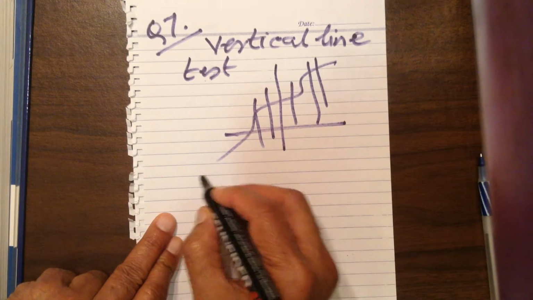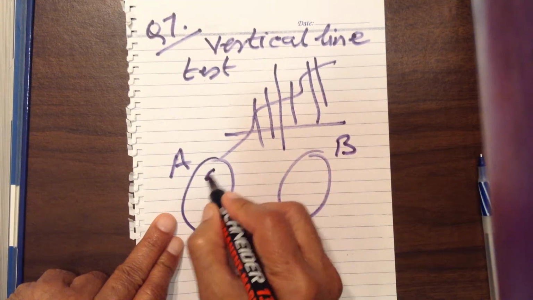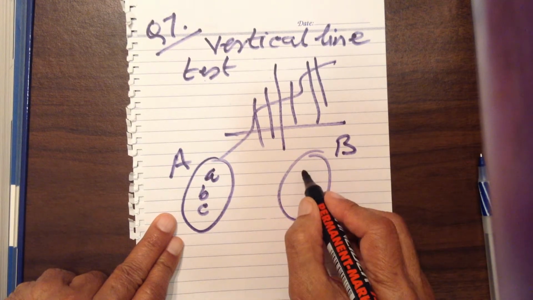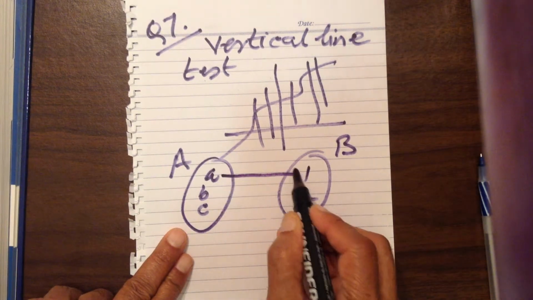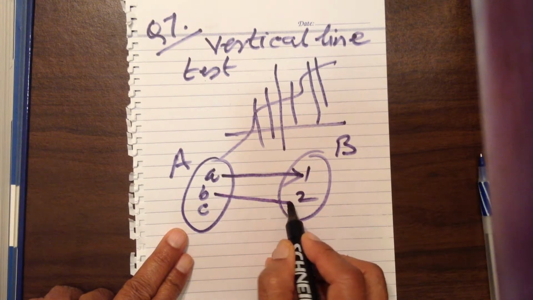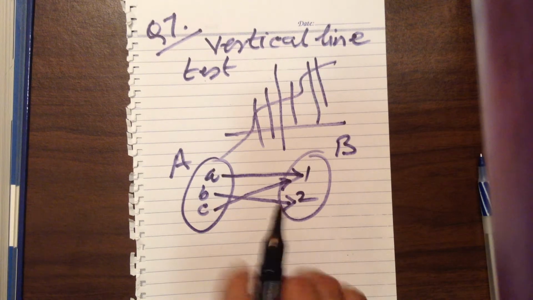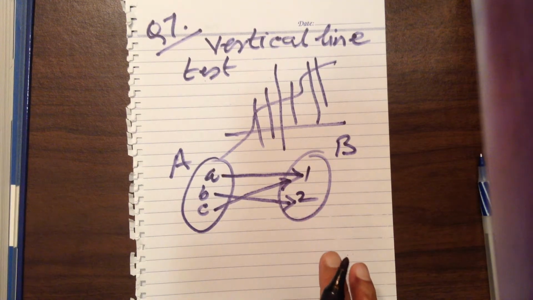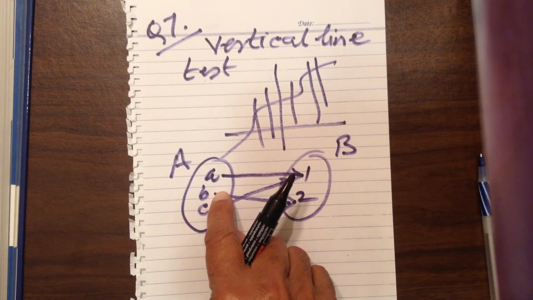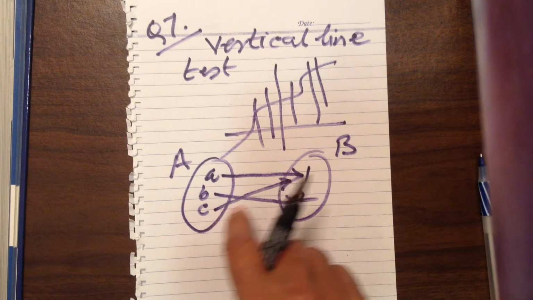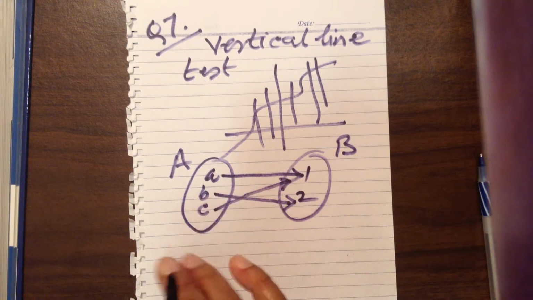In case we are given two sets, A and B, with some elements like a, b, c here and some elements like 1, 2 here, let's say a is associated with 1, b is associated with 2, and c is associated with 1. This is an example of a function, because a is associated to only one element, b is associated to only one element, and c is associated to only one element.